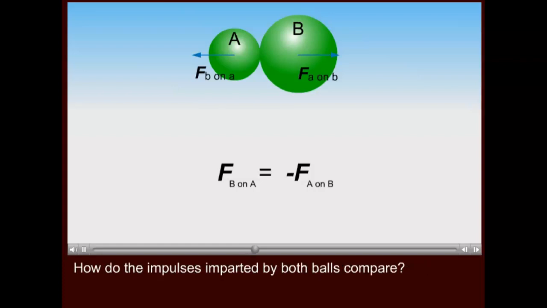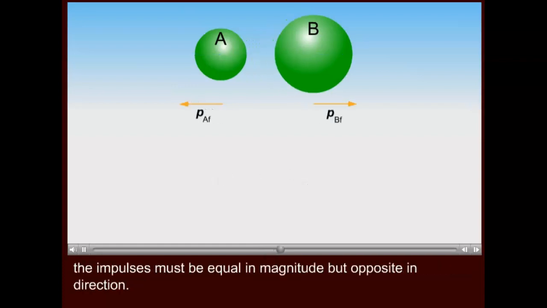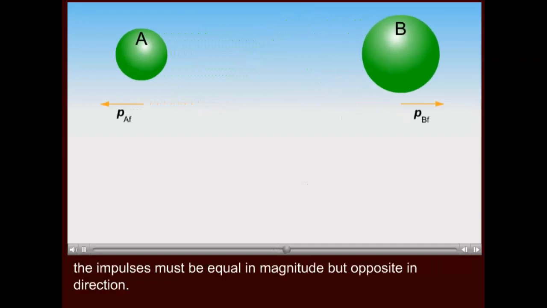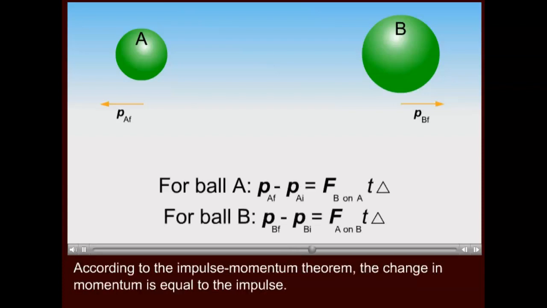How do the impulses imparted by both balls compare? Because the time intervals over which the forces are exerted are the same, the impulses must be equal in magnitude but opposite in direction. How did the momenta of the balls change as a result of the collision? According to the impulse momentum theorem, the change in momentum is equal to the impulse.